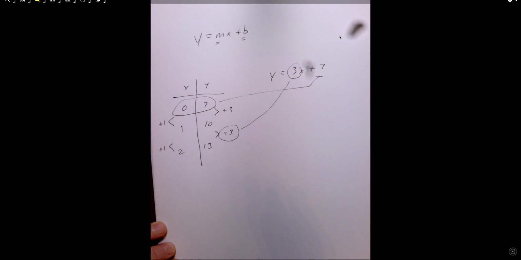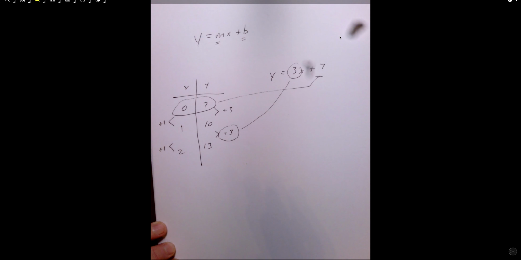But in the spirit of our regression model, the interpretation of our beta 0 is the predicted y when x is equal to 0. The interpretation of our b1, our slope, is as x increases 1 unit, our predicted y increases by b1, 3 in this case, right?